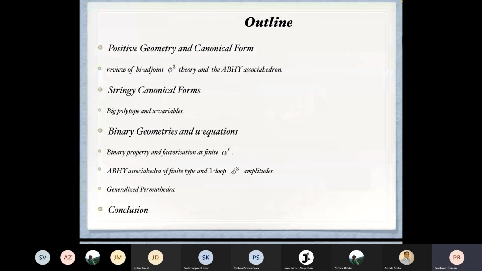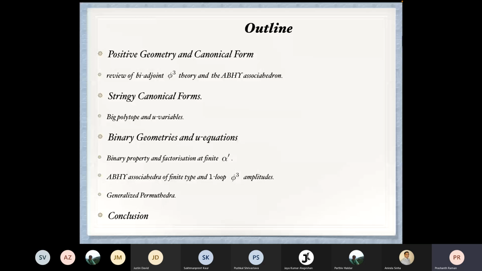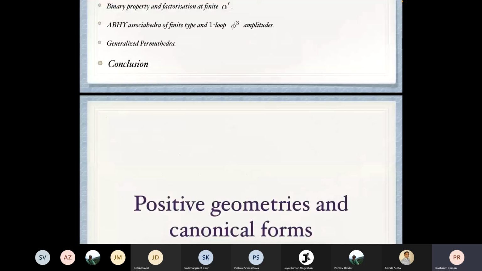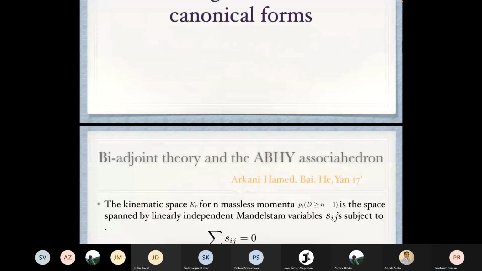And we'll see that this naturally leads us to some string amplitudes. In the third part of the talk, I'm going to define what are called binary geometries, which are objects which have nice properties, including factorization at finite alpha prime. Okay, so let me start with the first part, positive geometries and canonical forms.